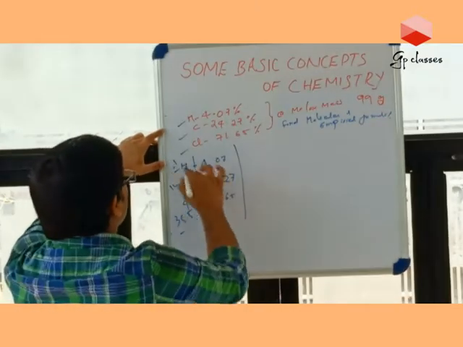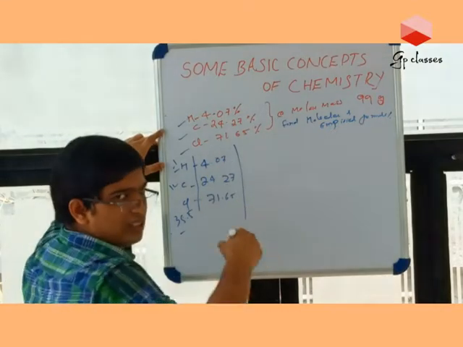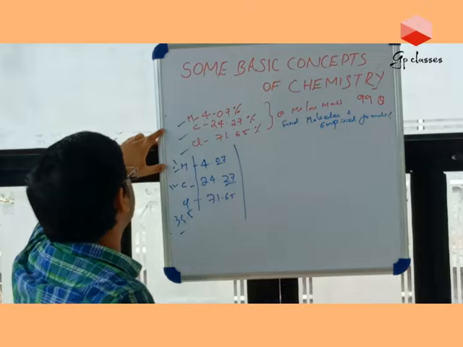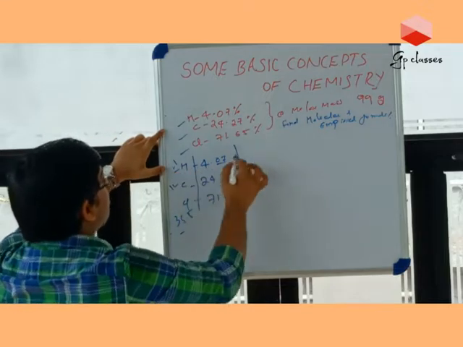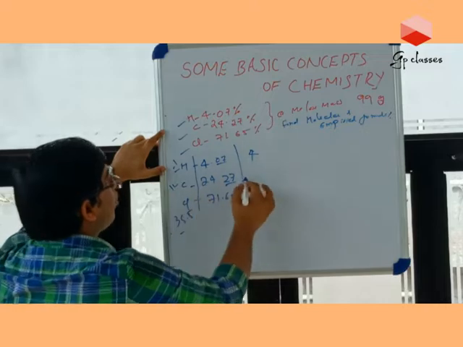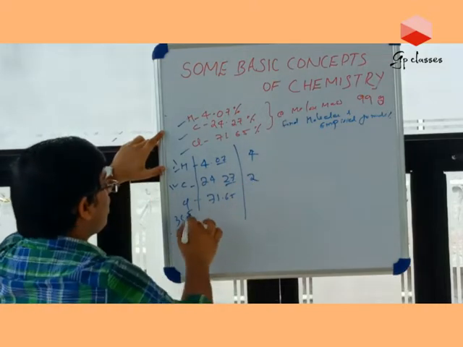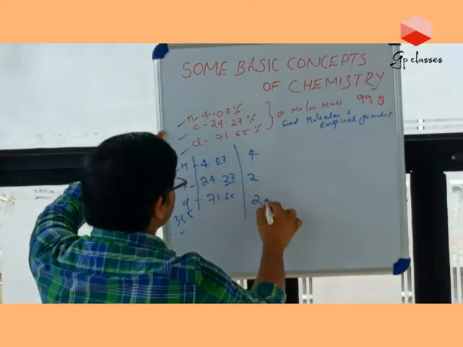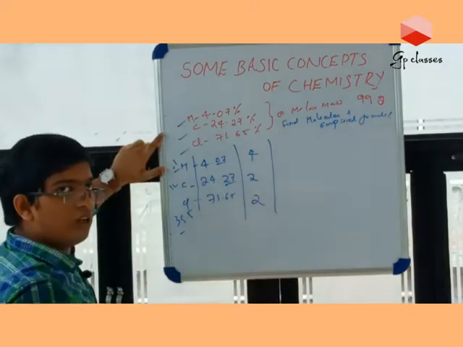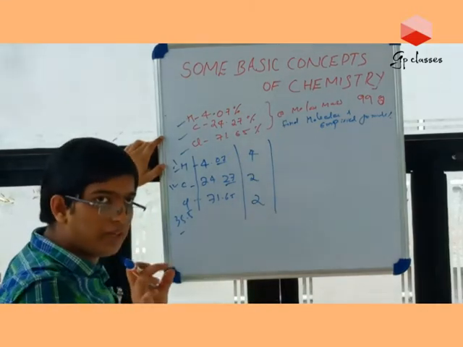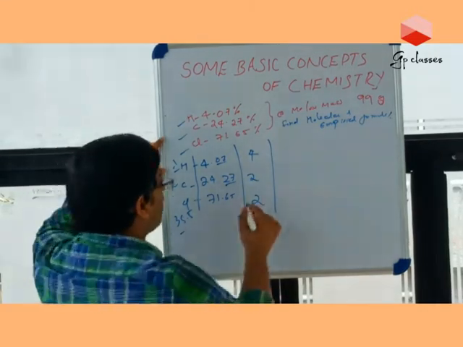So actually let us eliminate the decimals. Hydrogen, 4 by 1, you will get 4. In case of carbon, 24 by 12, you will get approximately 2. In case of chlorine, 71 divided by 35.5, you will get 2. Now the next step is to divide these by the least value. Least value is 2.